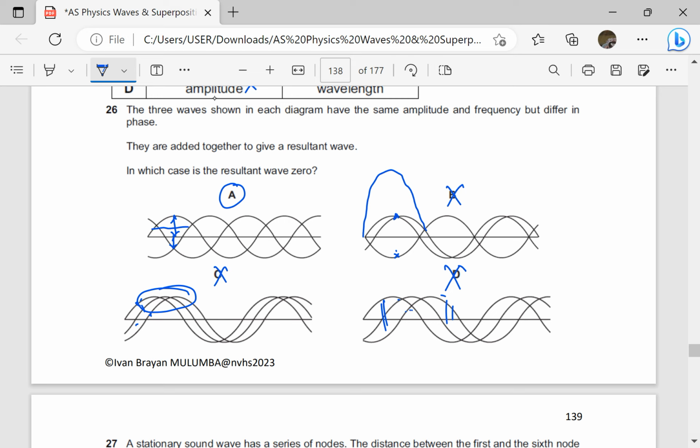But remember, these two waves are meeting at this point. That means when they add up, they form a bigger displacement, which is almost the same as the other one. So when they form that bigger displacement or amplitude, it is going to cancel out the other one, so that would give us 0. So our answer is going to be A.